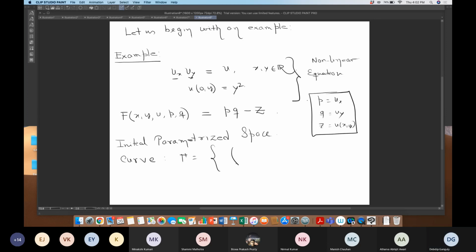Anyone? Quickly: (0, s, s square). Very nice. So your f(s) is 0, your g(s) is s, and your h(s) is s square.